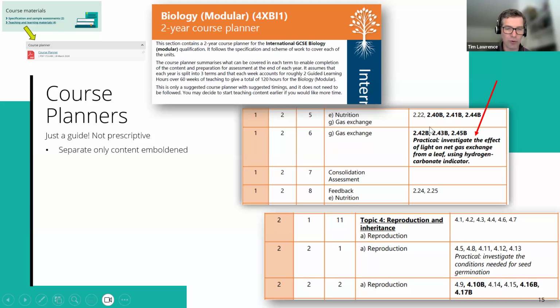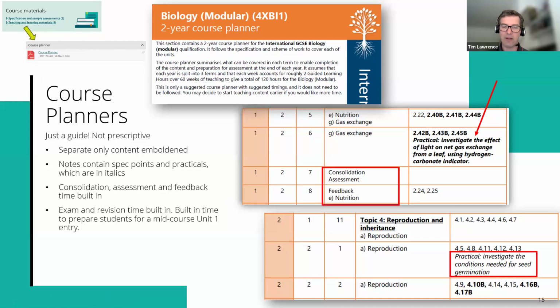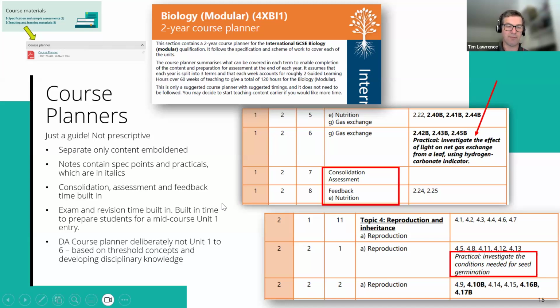If it's not in bold, if it doesn't have a B, like 2.22, 2.24, 2.25, those are in both the biology and the double award. Practicals are in italics to help you pick out those. Revision time, as in the schemes of work, and feedback lessons built in.